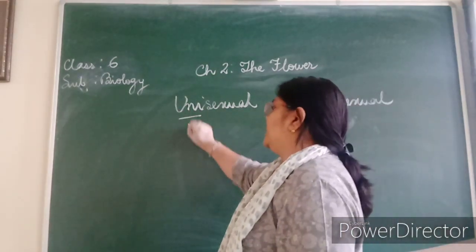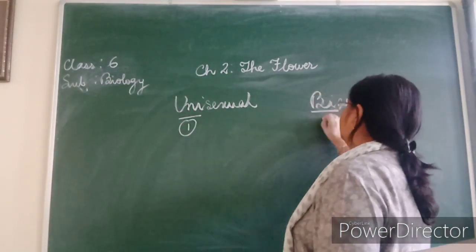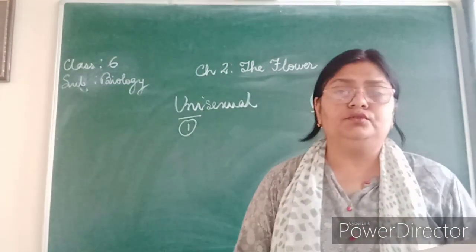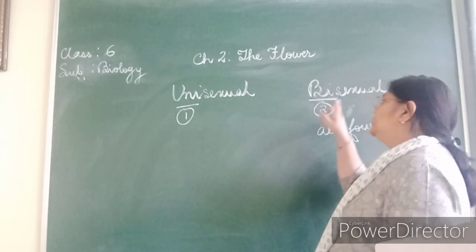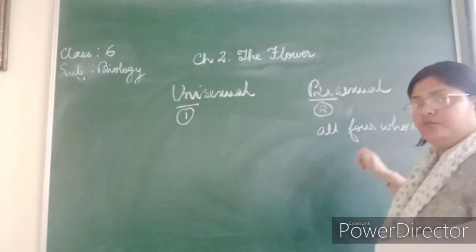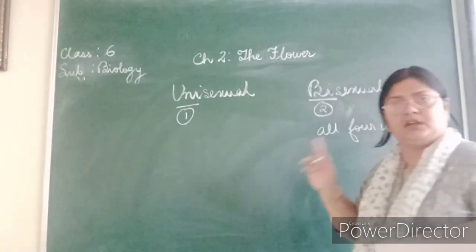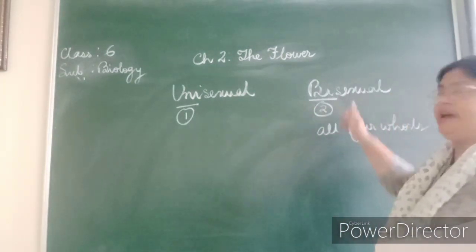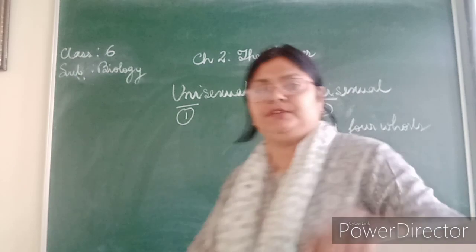Uni means one, bi means two. Okay, this will be the clue to remember this. So if a flower has all the four whorls, that is, it has both the reproductive parts, androecium and gynoecium, then it is called a bisexual flower, as we just saw.